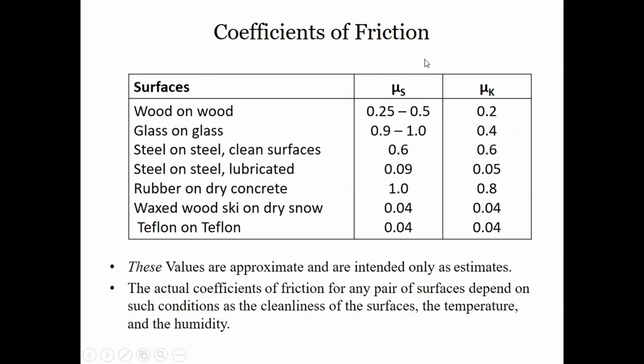So we must keep in view that these are tentative values, and one needs to determine values for their own problem. And sometimes these estimates give us a good approach or a good guess of the forces involved.